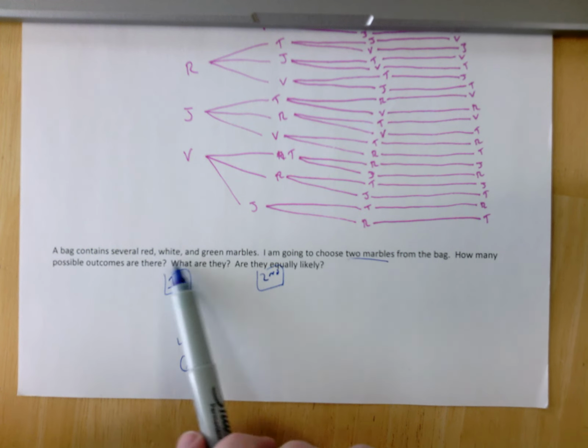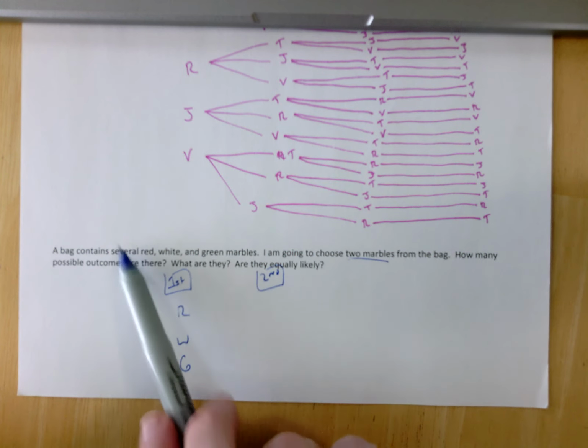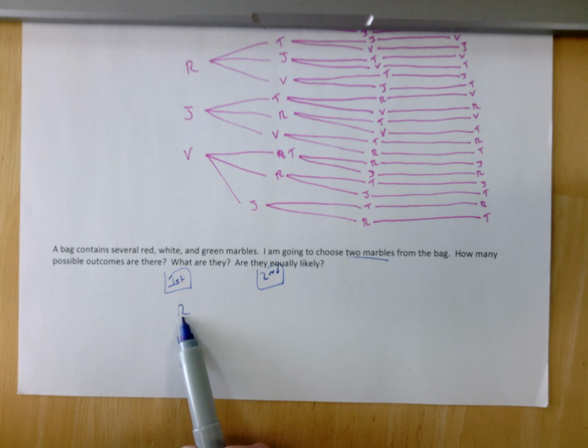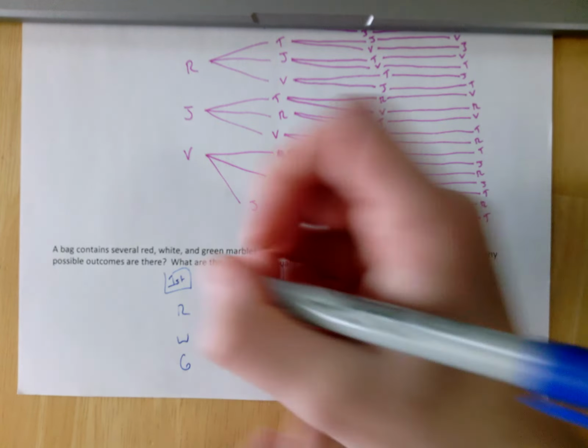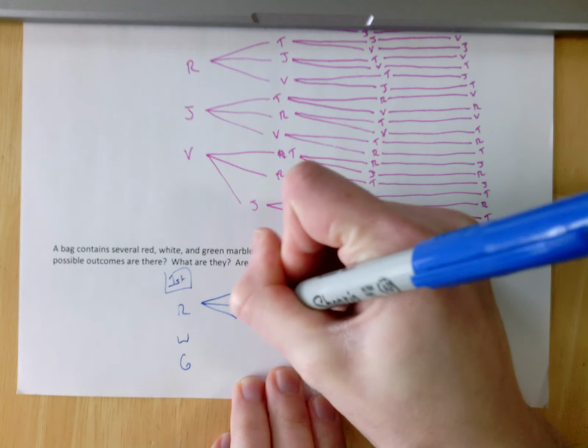So that is implying to me that there's more than one of each color because there's several of them, right? So if I pick a red one, when I pull that out, that doesn't mean that there aren't any more red ones in the bag.